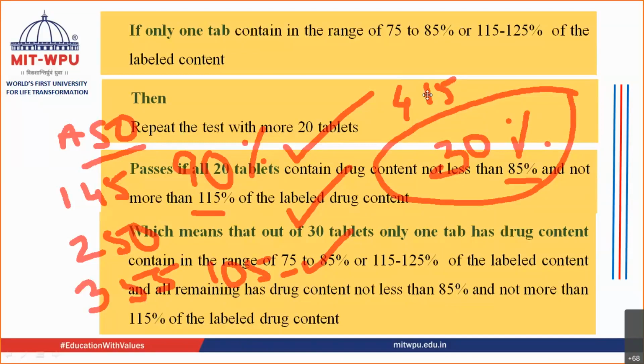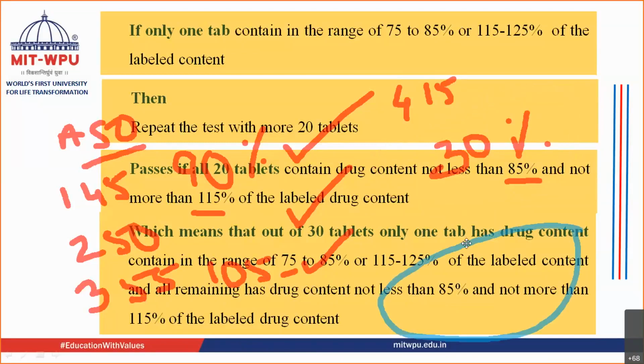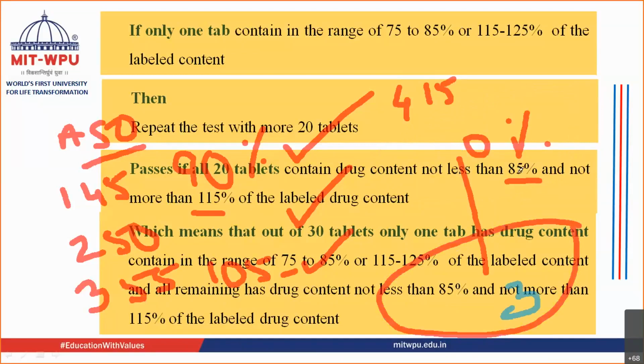But let us assume, let us not take this figure, let us take some other figure. Let us take the figure of, say, 35. No, 35 will be 70. Let us take the content as 42 milligram. So now what is the percentage? 84.